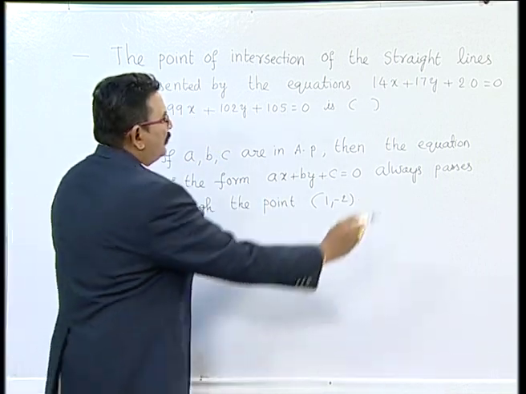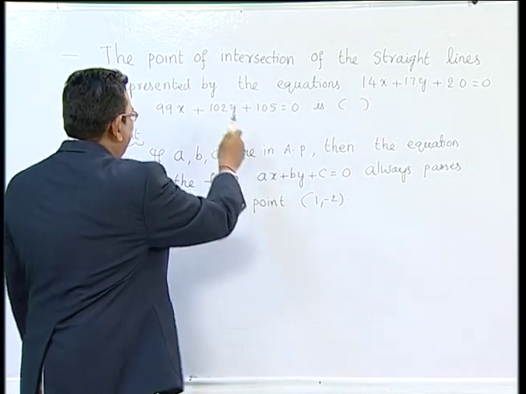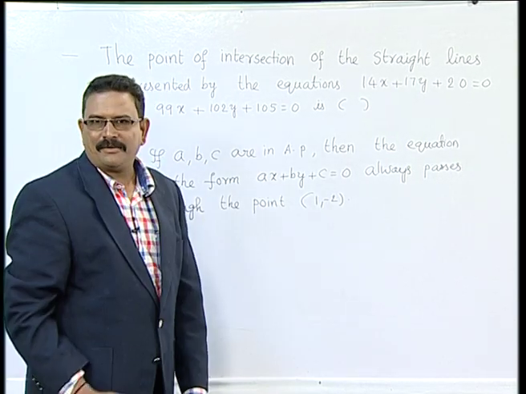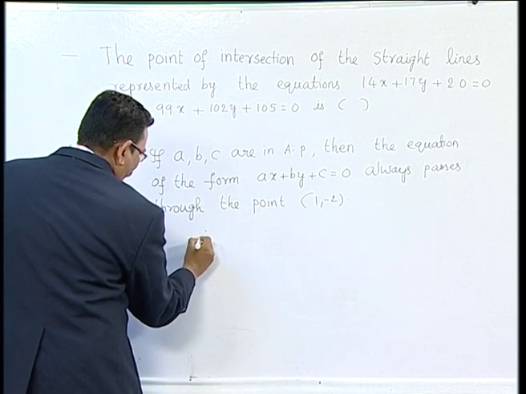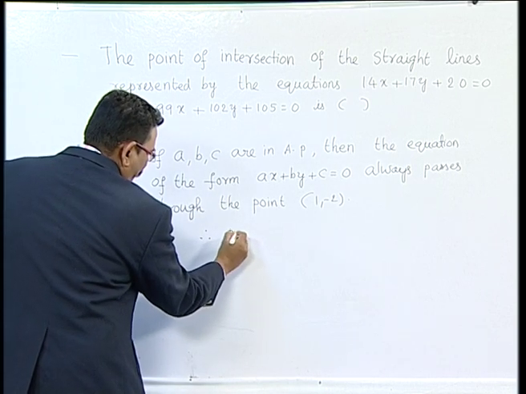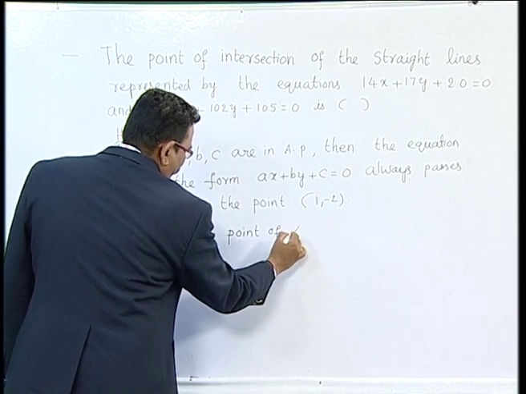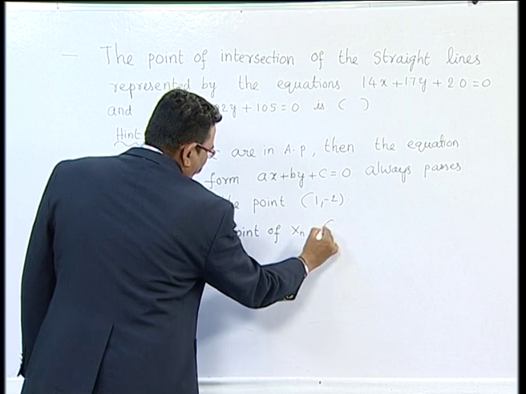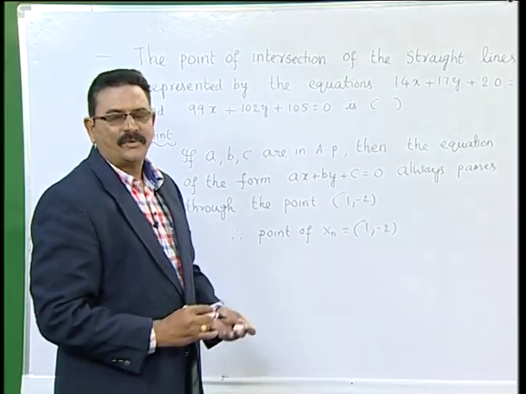That means the first equation passes through (1, -2), and the second equation also passes through (1, -2). That is why the point of intersection of the given lines is (1, -2). This is the answer. Okay.